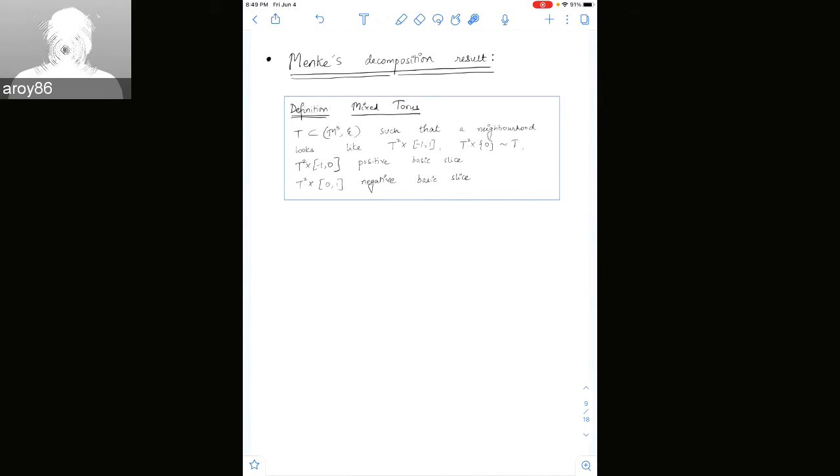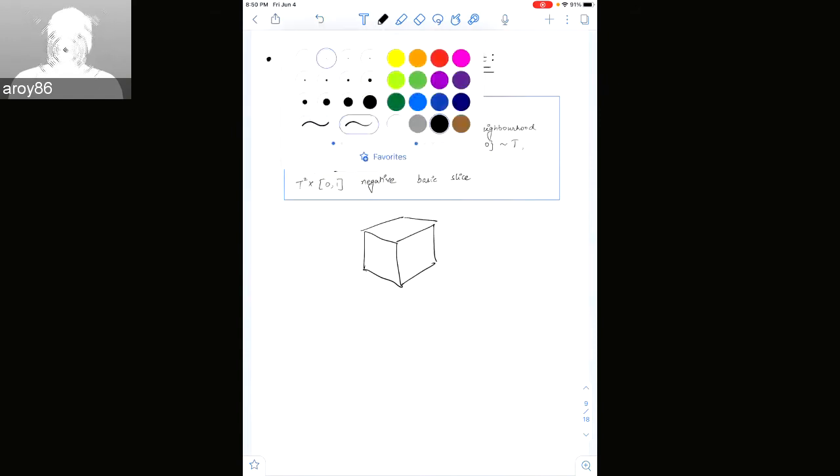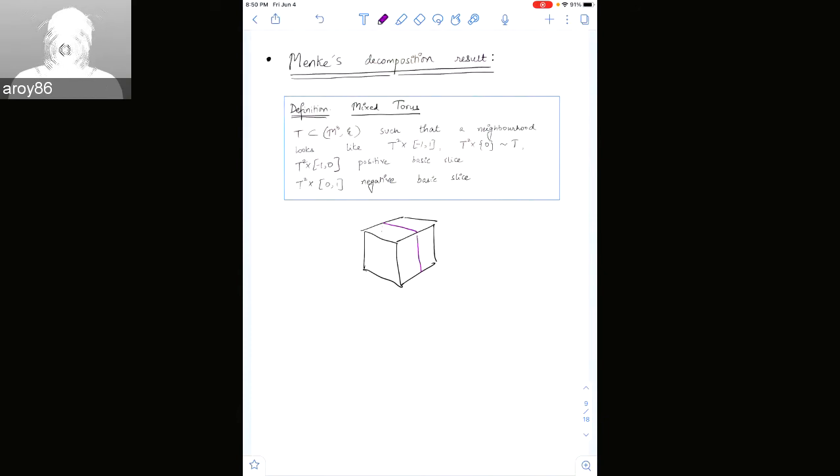Another way to say this is that T lives in a T² × I neighborhood built up of two basic slices such that the T² × I neighborhood is virtually over-twisted, so they have opposite signs on each of them. So this is what a mixed torus is.